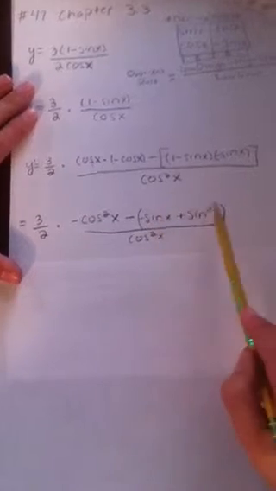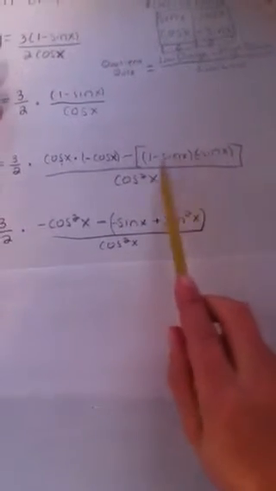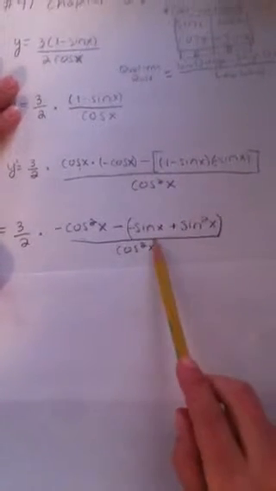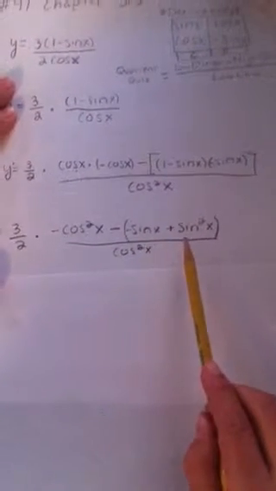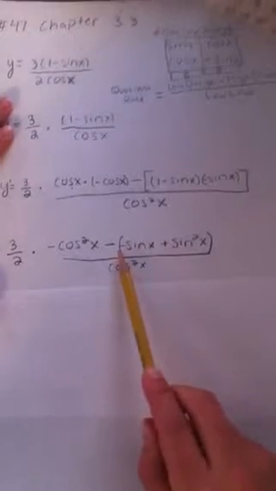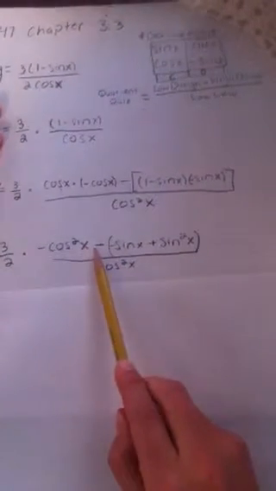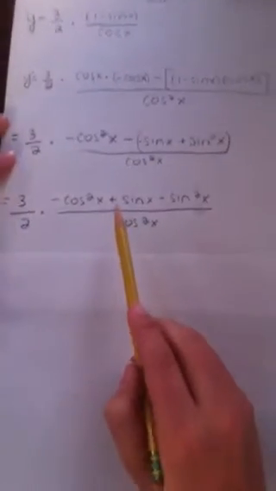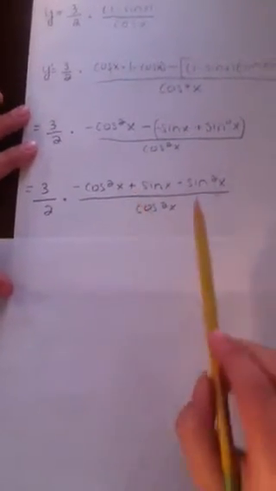Then distribute the negative sine x into the binomial 1 minus sine x. This will give you negative sine x plus sine squared x. Since this binomial is in parentheses, you must distribute the negative. This will give you positive sine x minus sine squared x, all over cosine squared x.